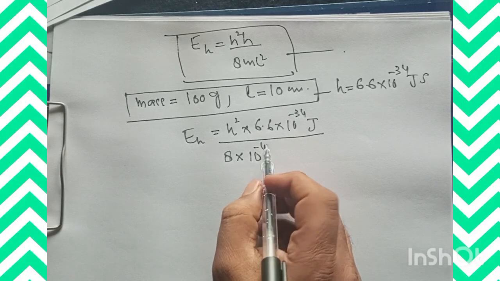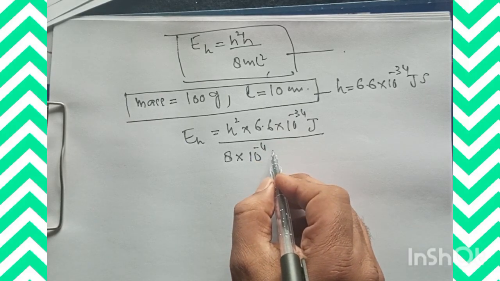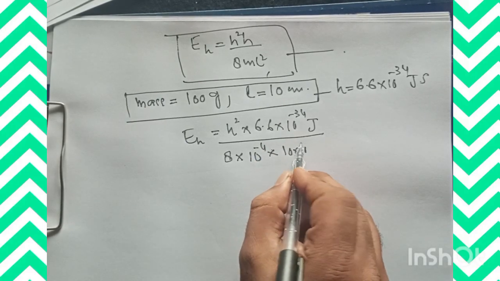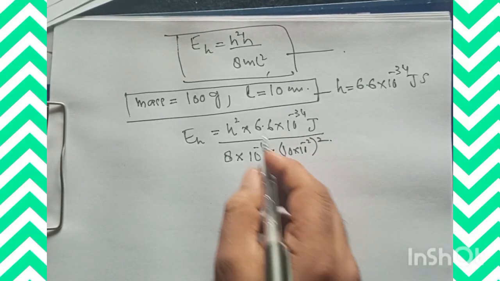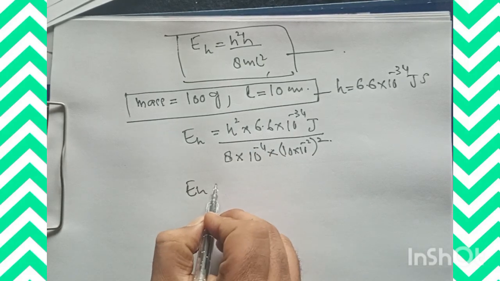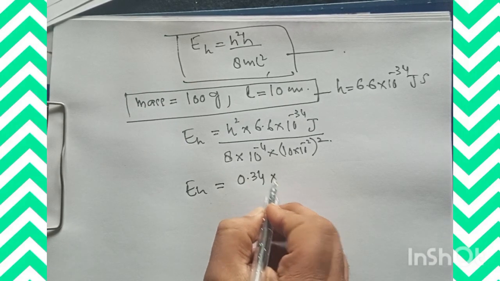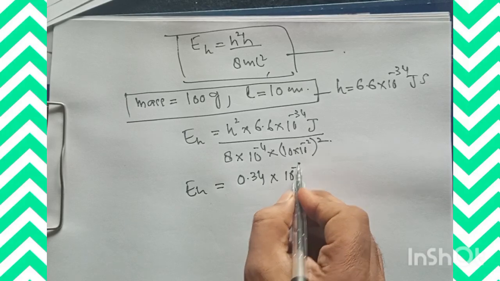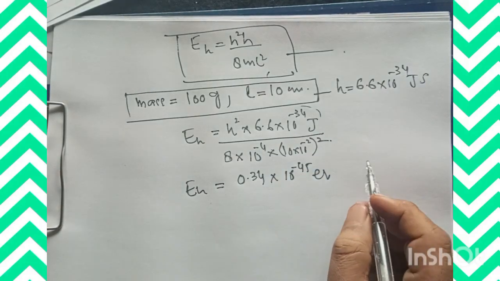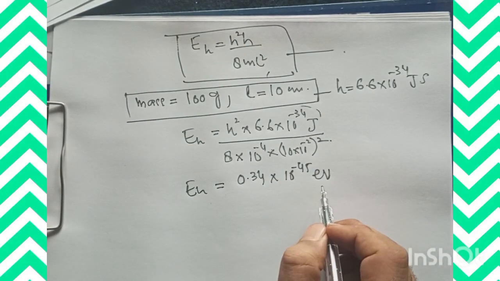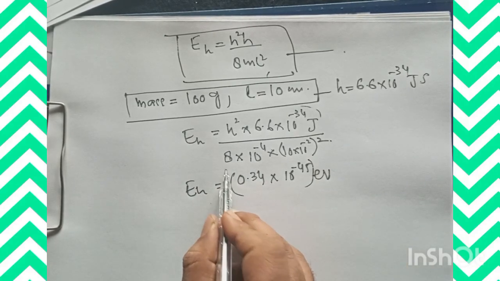And then we have the length, and this length is chosen as 10 centimeters, so it will be 10 times 10 to the power of minus 2 meters whole square. So when we solve this, this En will nearly come out to be 0.34 times 10 to the power of minus 45 electron volts. So here you will have joules. You will divide that number by 1.6 times 10 to the power of minus 19. So this will be this whole thing times n square.